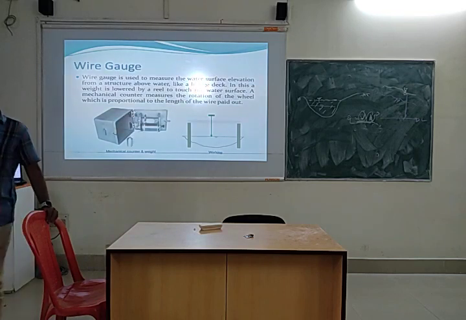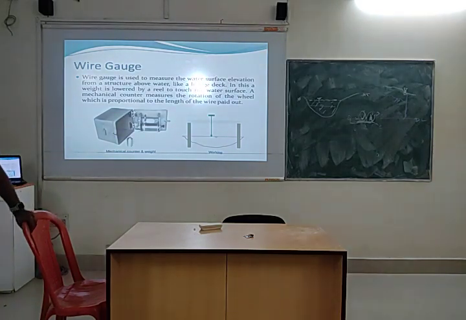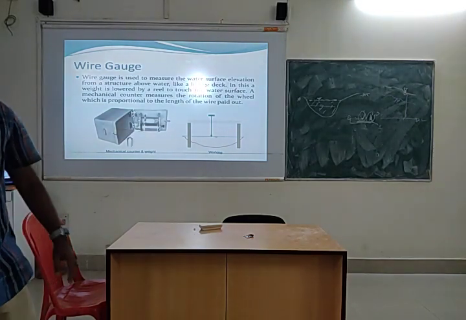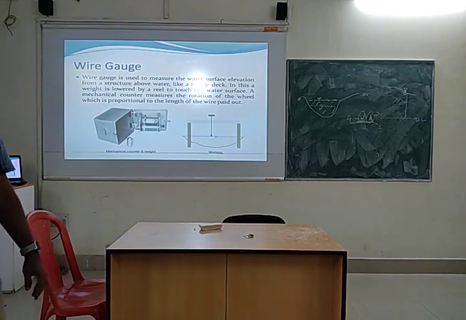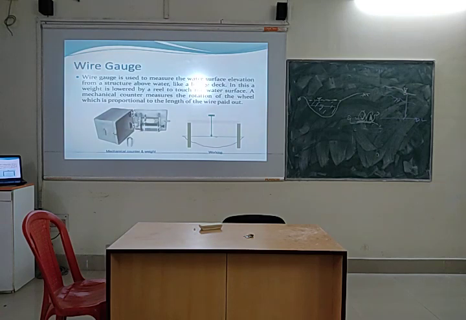So you can count the rotation, and with respect to the count you can find out the length of the wear actually inserted, or the elevation of the water, right? That is how you can measure the depth of the river water.